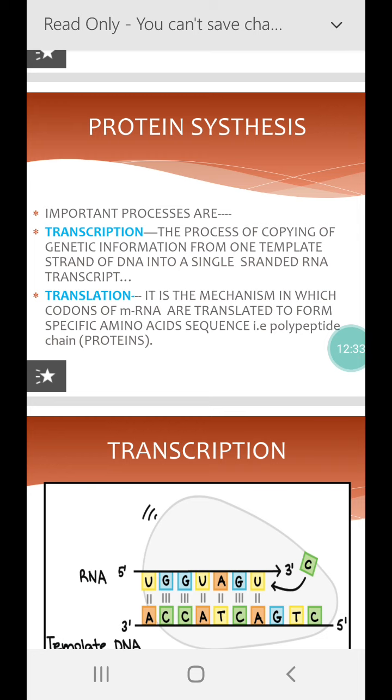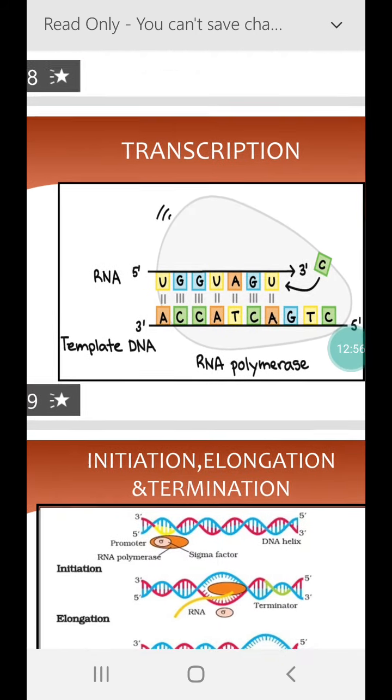The second process is translation, the mechanism in which codons of mRNA are translated to form a specific amino acid sequence, that is, to form proteins, the polypeptide chain. These two are the main processes in protein synthesis. First, we will study transcription in detail.